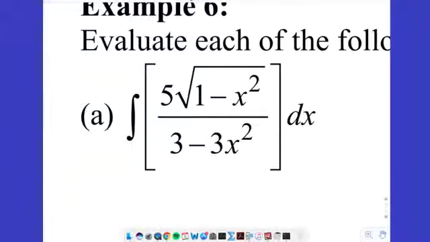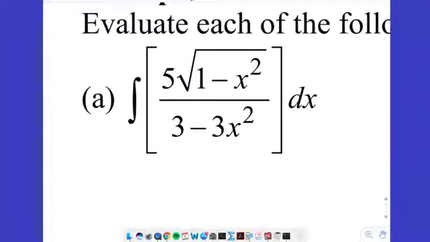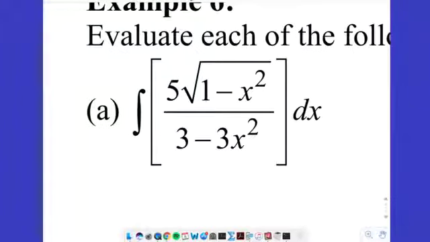What to do, any ideas, any help from y'all? It's going to be really hard to do the quotient rule in reverse, though, right? But it is a quotient. Man, if there were an antiderivative rule, like the quotient rule for antiderivatives, we'd be on it right away. But there isn't. There isn't a rule for integration.